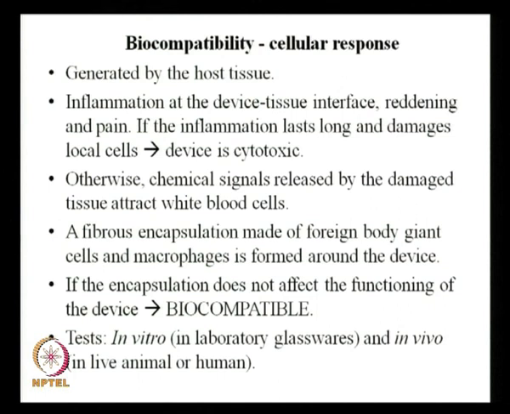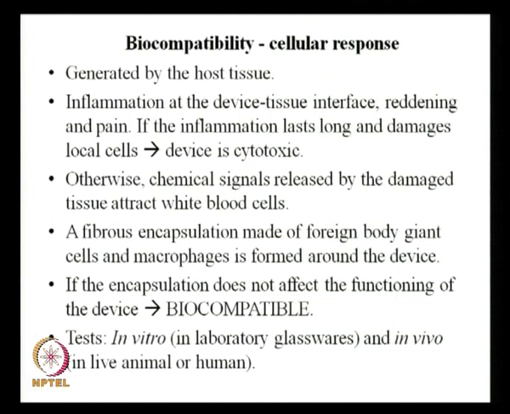and in due course a fibrous encapsulation made of foreign body giant cells and macrophages is formed around the device. That means these white blood cells that get attracted form a fibrous encapsulation made of foreign body giant cells and macrophages around the device.